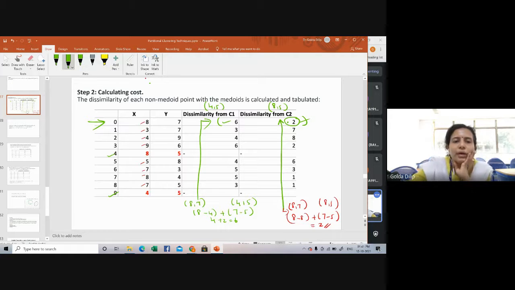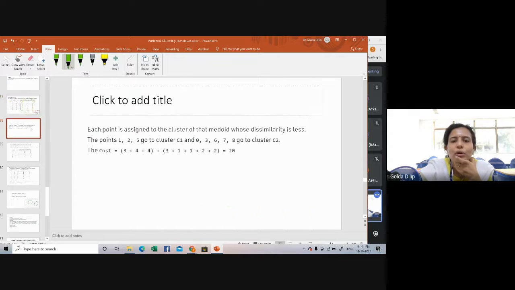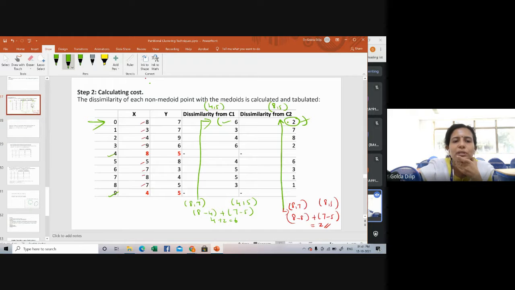So object 0 goes to cluster C2. Then what about object 1? Which cluster does it go to? Somebody can tell.